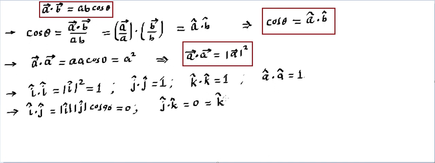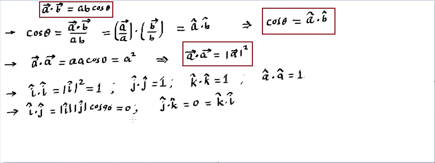If we are making the dot product of any two of these vectors i, j, k, you are going to find the answer to be 0. If we are making their dot with themselves, then the answer is going to be 1. This is extremely important. We need to practice and get used to these things, remember them quickly, and we can solve problems based on this.